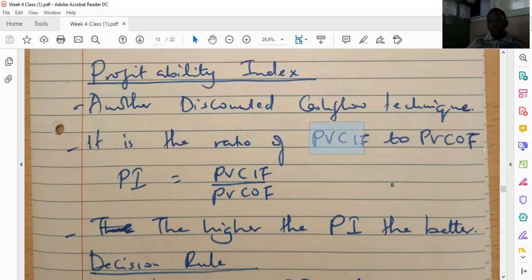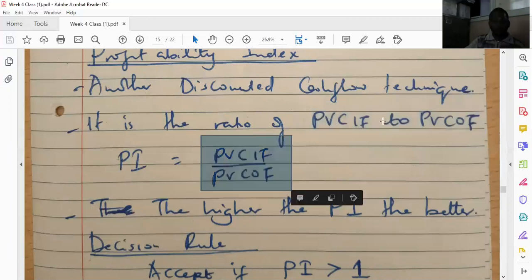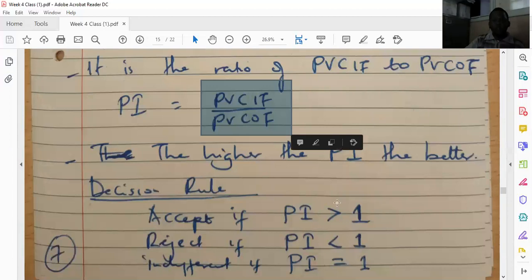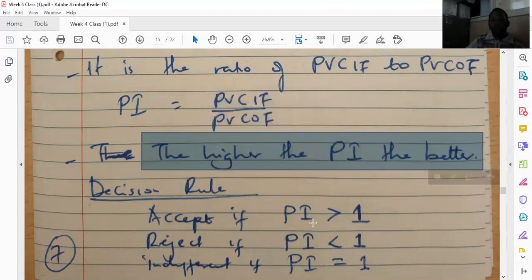So its formula is equal to the present value of cash inflow divided by the present value of cash outflow. For the decision criteria, we usually prefer those projects that have the highest profitability index. Therefore, the higher the profitability index, the better.